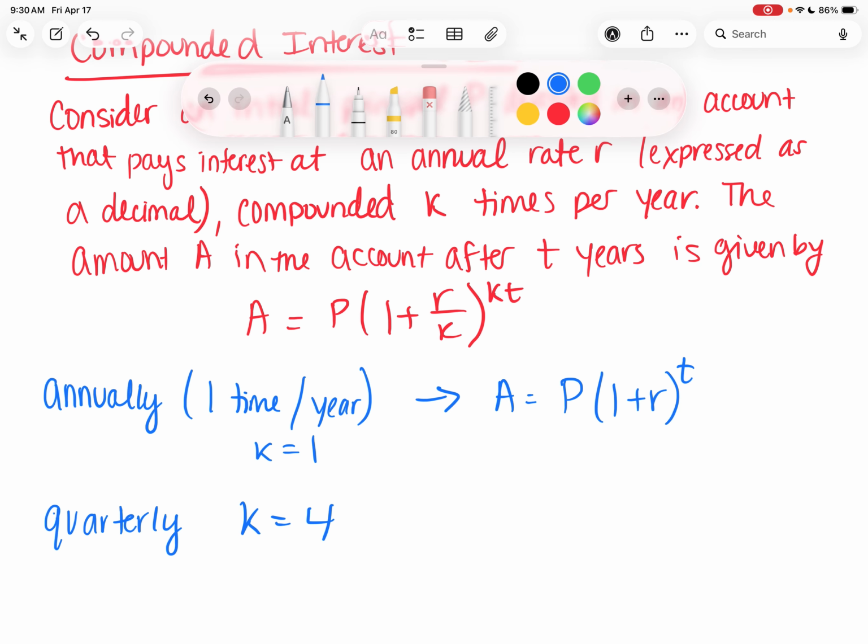Trying to look at all the different ones that they could give you. Monthly, K would be equal to 12. Basically, if we took the year and broke it up into these things, what would that give us?